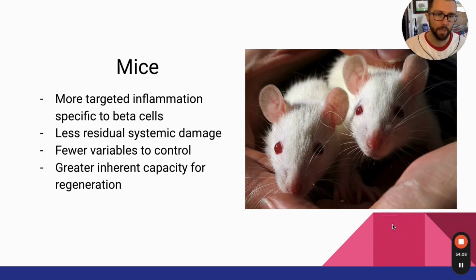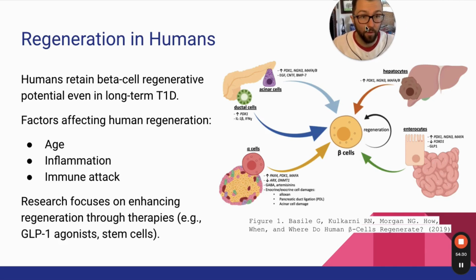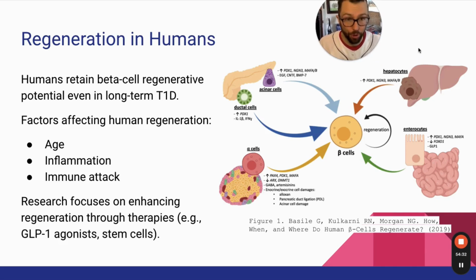So from a mice standpoint, more targeted inflammation specific to the beta cells, and as a result of that, less residual systemic damage, fewer variables to control, as well as a greater inherent capacity for regeneration. Now, that doesn't mean that humans don't have a pretty cool regenerative capacity.